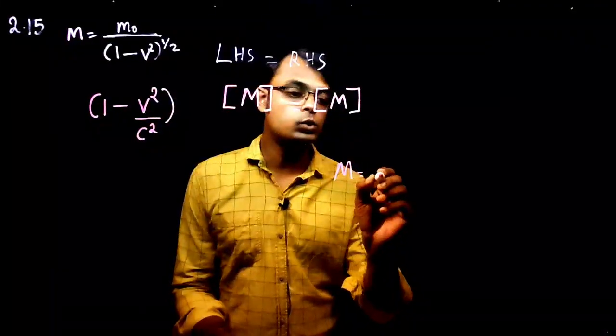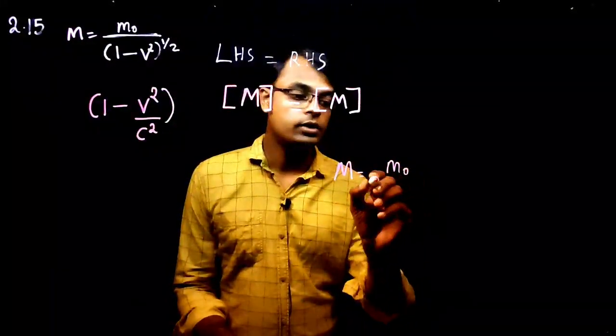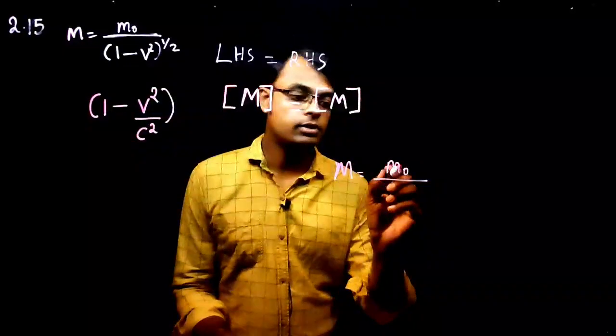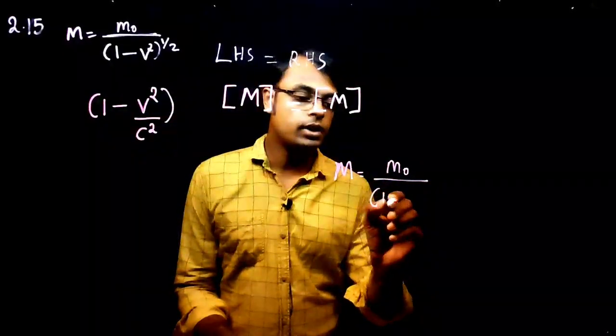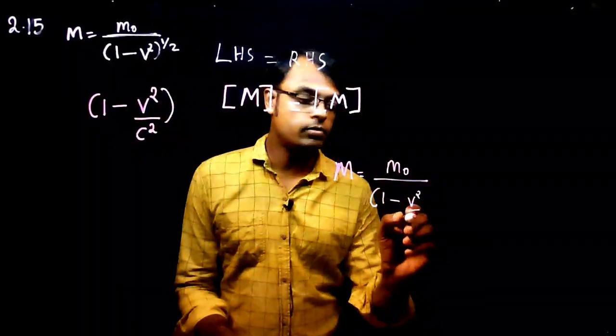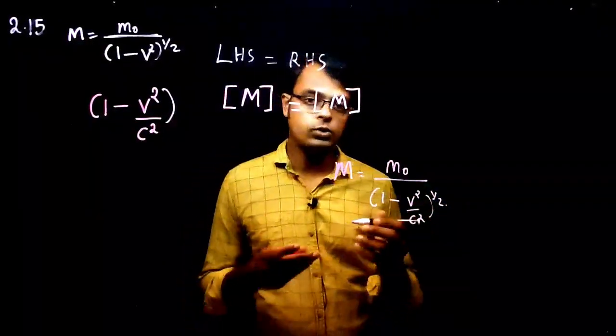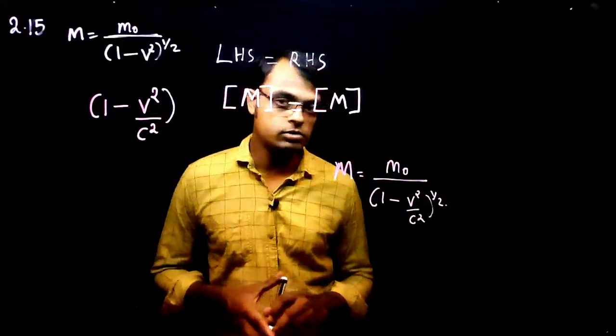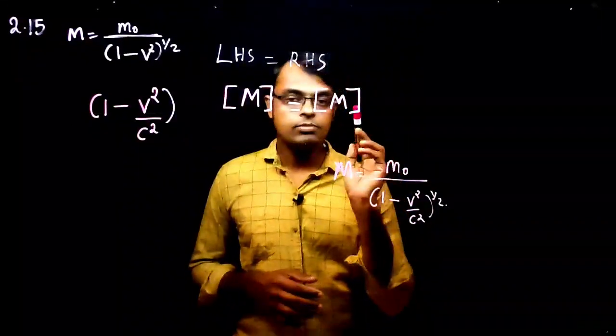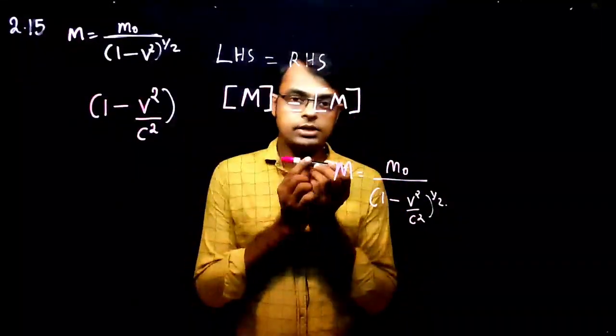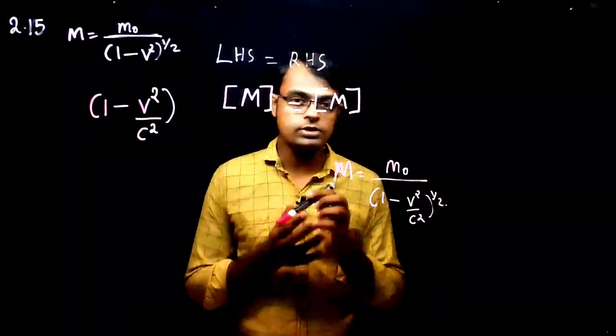M is equal to m0 divided by 1 minus v square divided by c square, all to the power 1 by 2. So according to Einstein's theory of relativity, what is the meaning? Just an example. This is a mass, having a mass M, and I call it the rest mass, that is m0.